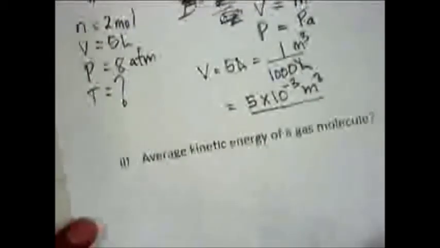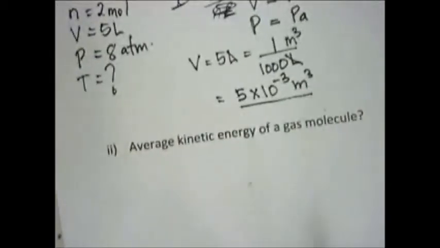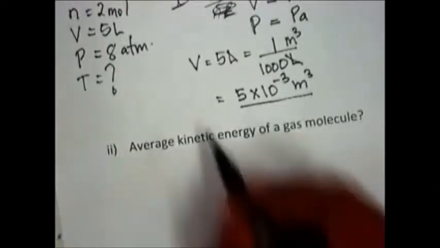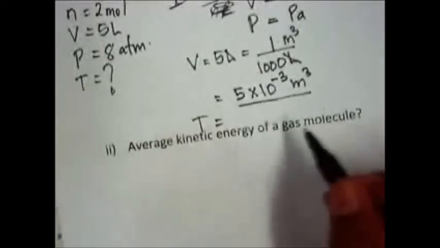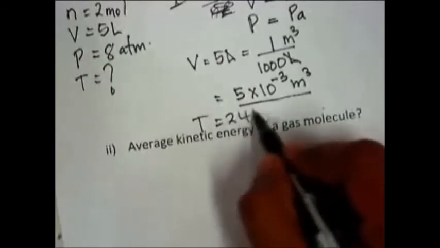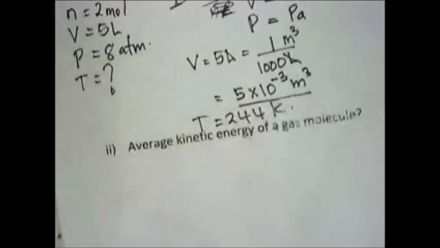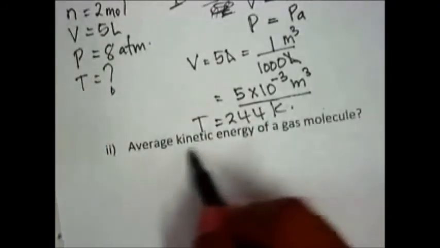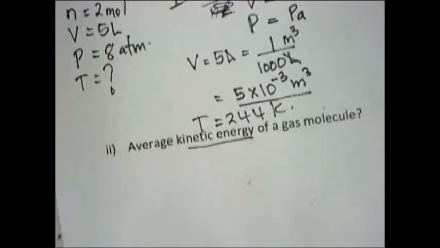Okay, the second part of the question is then using your answer, your temperature in the first part, which was 244 Kelvin, you use that to find the average kinetic energy. Okay, so average kinetic energy is the same thing as half mv squared.